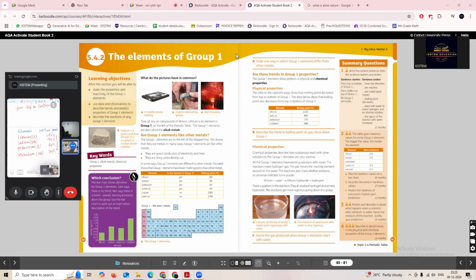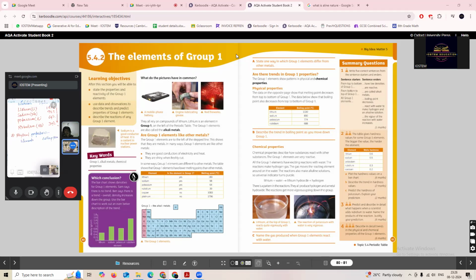Similarly, the boiling point also decreases. Let me write elements and boiling point.